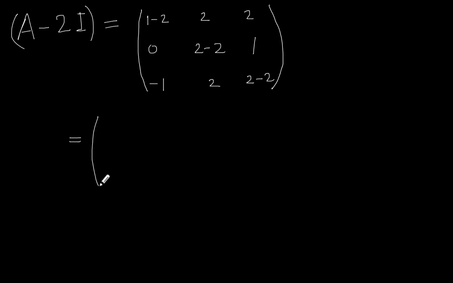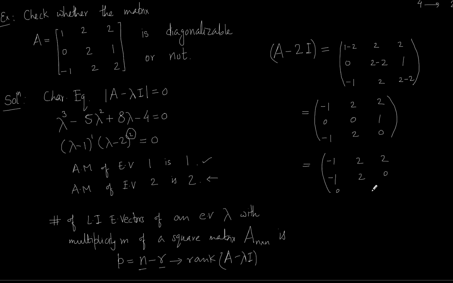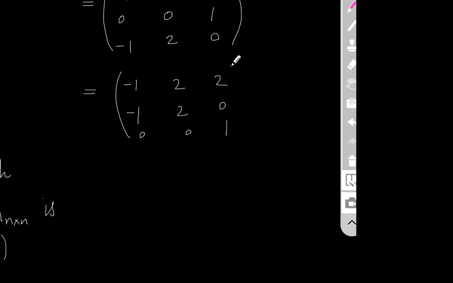This equals minus 1, 2, 2; 0, 0, 1; minus 1, 2, 0. You can rewrite this matrix as minus 1, 2, 2; minus 1, 2, 0; 0, 0, 1.